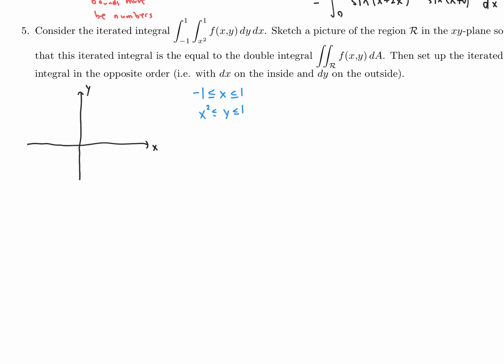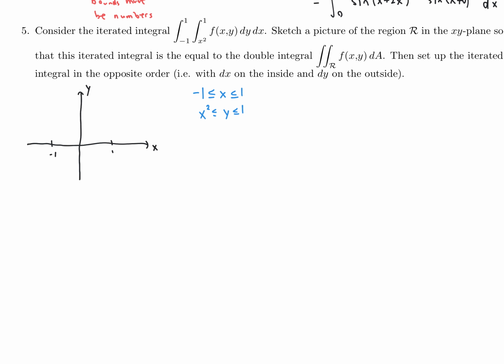That is, x squared is less than or equal to y is less than or equal to 1. And the idea is that by writing it this way, it might give me a better idea of how to draw my picture. So for starters, I know that x is between -1 and 1, and so I'm going to be between these two vertical lines that I'm tracing out with my mouse.